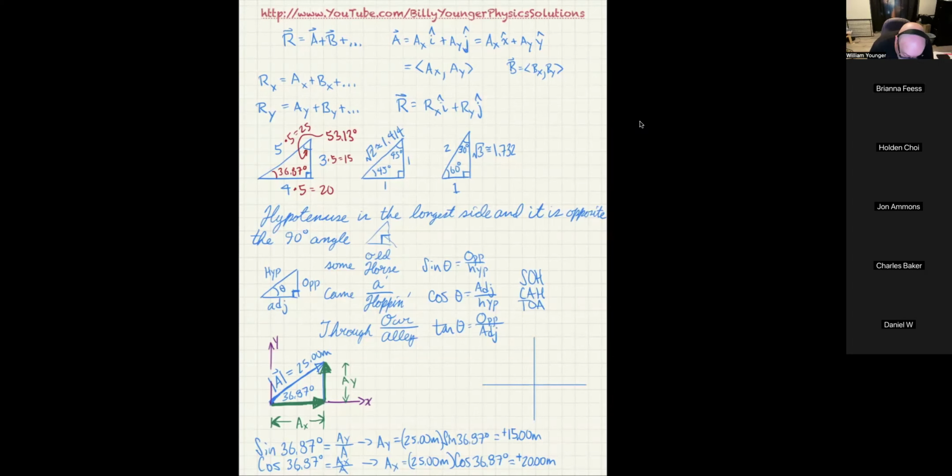Now there's a lot of things going on here. This is my x-axis, but it also happens to be east, and it also happens to be a compass heading of 90 degrees. This is my y-axis, but it also happens to be north, and it also happens to be a compass heading of 0 degrees or 360 degrees.